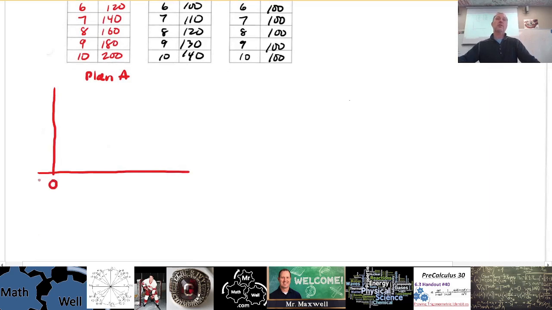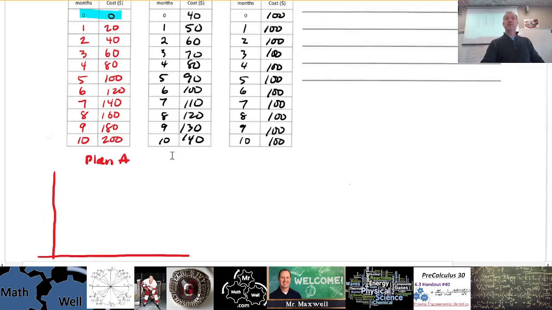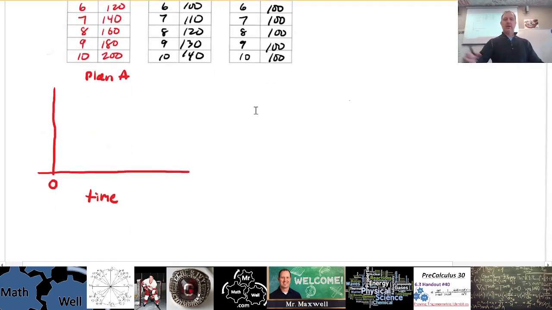There's really no sense in putting negative numbers for the months, because we're just starting from month 0 and going on. We're not going back in time. Of course, we want to put the time on the x-axis because that is the independent variable, right? The cost depends upon the time. So time is independent and cost would be over here on the side.